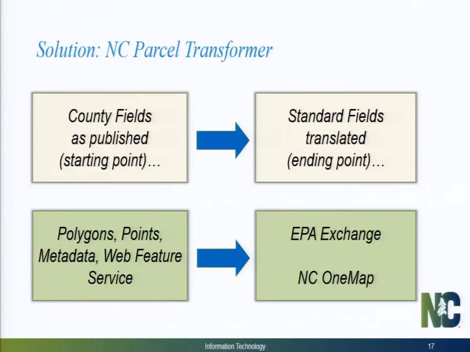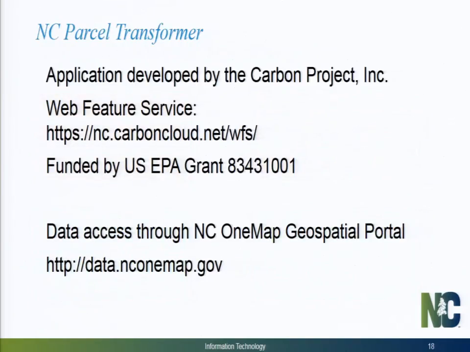Same standardized fields that are translated from the source file. So you get polygons and points, metadata with all the field descriptions and definitions, and it gets into NC1 Map, which is what we'll explain next. So here is the web feature service, nc.carboncloud.net/WFS, funded by a US EPA grant. But next we're going to talk about the NC1 Map geospatial portal and how you can get access to the downloadable data and web services.